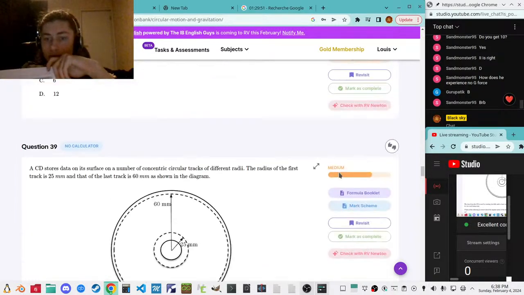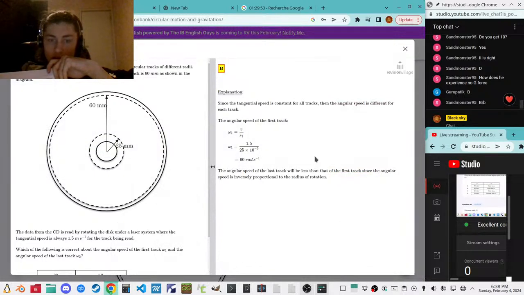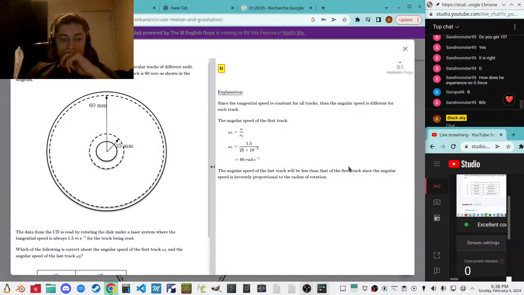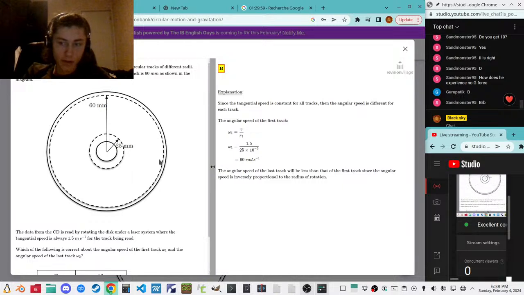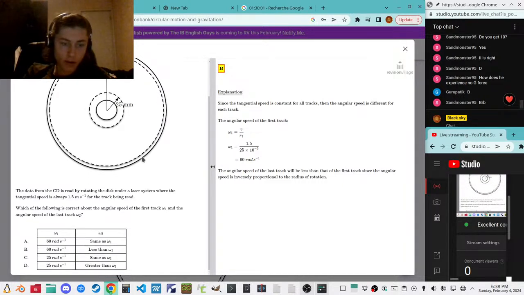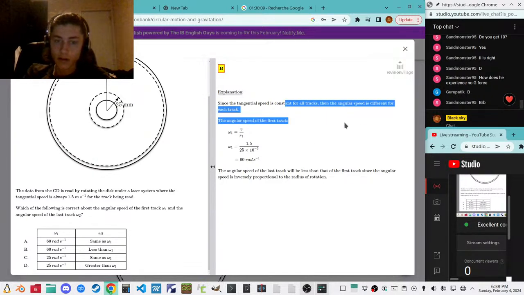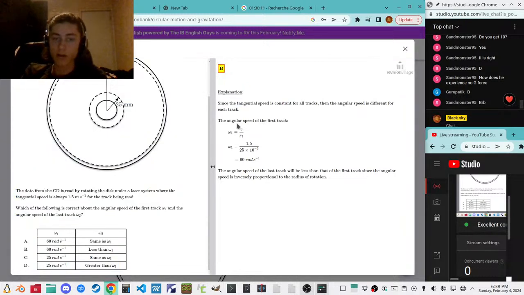Let's say C. Oh, it's constant. Oh, right. Okay, I missed the part. Yeah, of course it has to be constant because it's a CD thing, so I can't read.